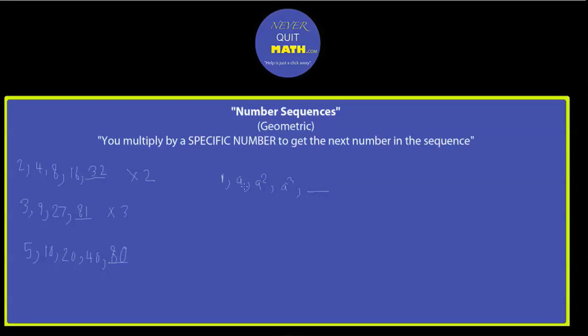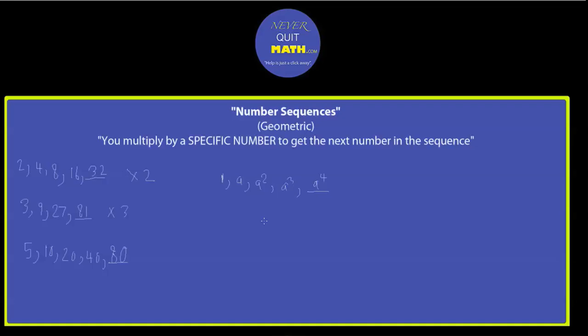It's pretty straightforward and self-explanatory, this one. We're now multiplying by the letter a. 1 times a gives us a. Then a times a gives us a squared. Then a squared times a gives us a cubed, and so on and so forth. The next one is obviously going to be a to the 4th.